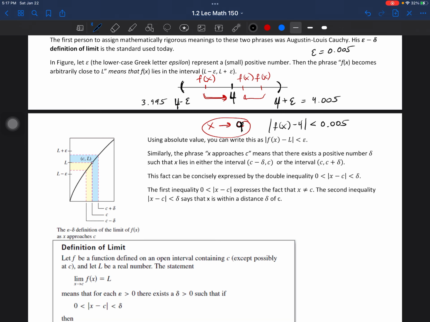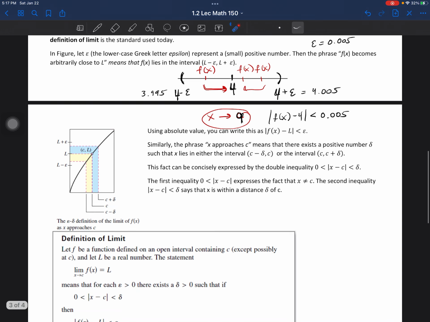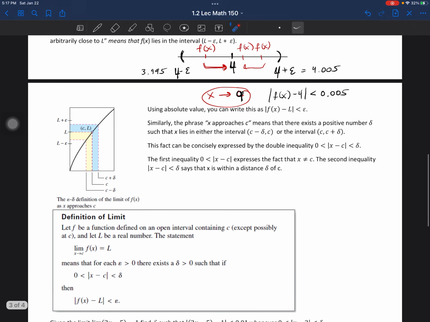Now, it's more important for us to use the absolute value because if f of x is bigger than 4, the difference between those two will be positive. But if f of x is smaller than 4, then this difference will be negative, and we just want to keep this value positive all the time. So that's why we put this absolute value.